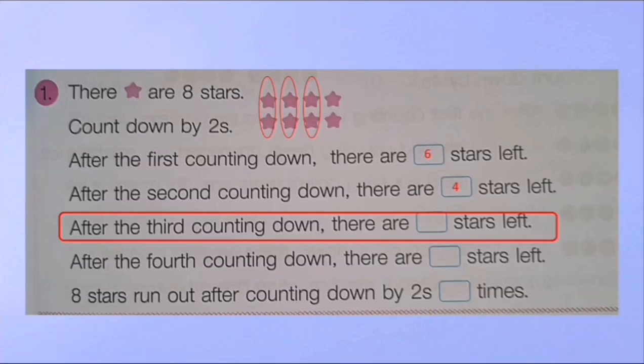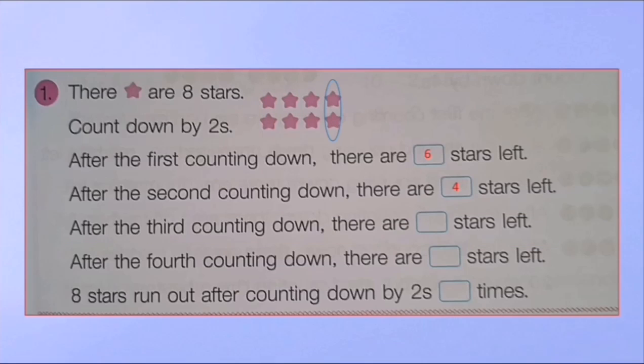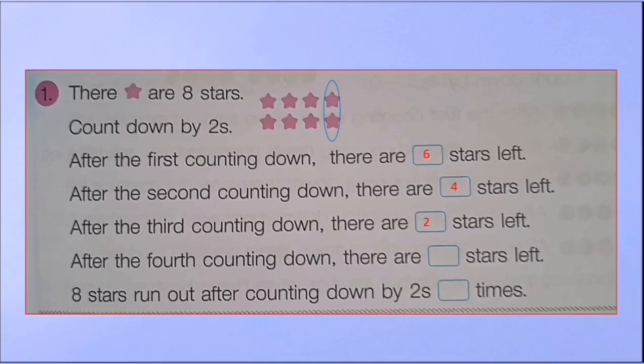So how many stars are left? We have 2 stars left. So that means the answer for the third line is 2. Let's read the whole sentence together. After the third counting down, there are 2 stars left.